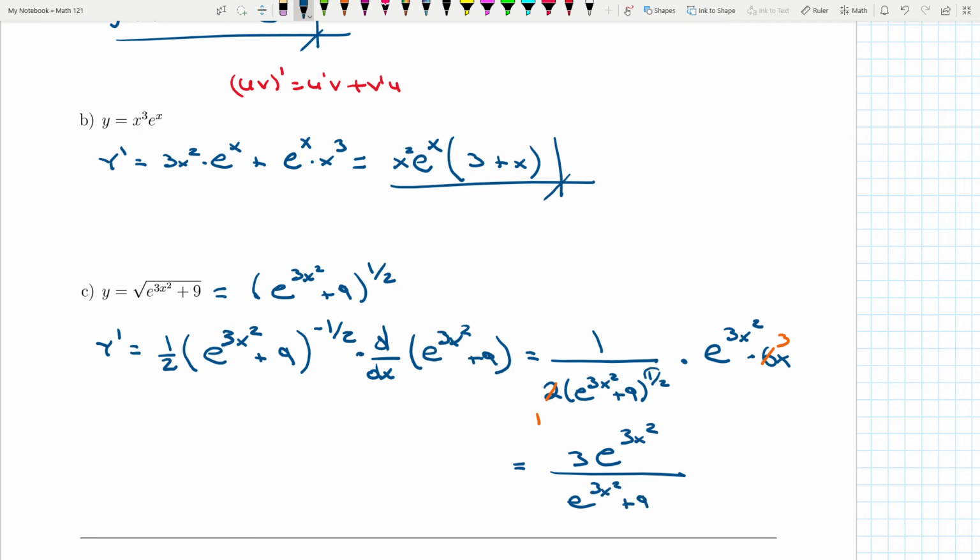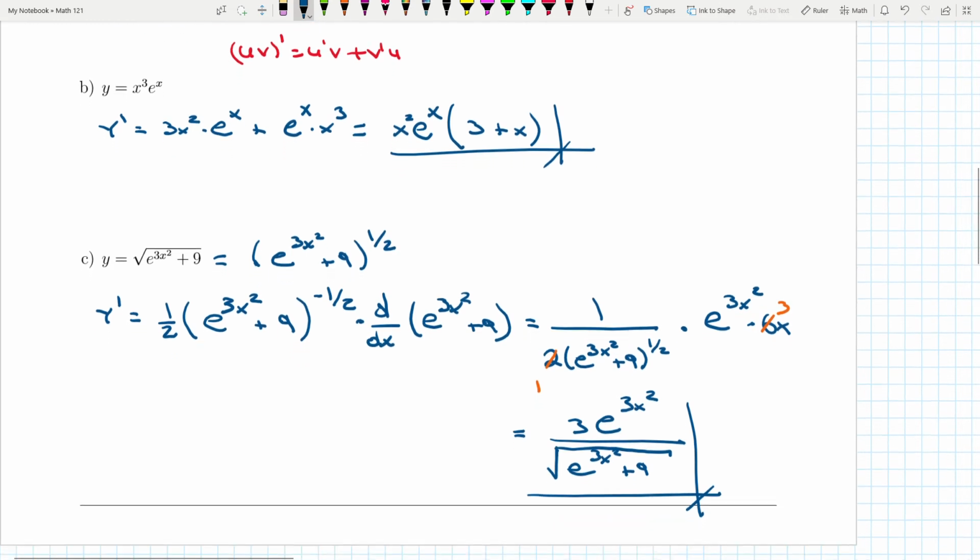And instead of using the rational exponent notation, we're going to go back to radical notation. So here was a problem in which we applied the chain rule, now including an exponential function in it. All right, let's look at another example.